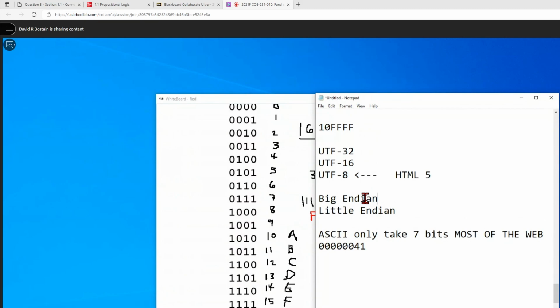Any number bigger than a byte, when written in big endian, will follow the natural ordering of the bytes. So this particular notation right here is UTF-32 big endian. I wrote it this way. This is UTF-32 little endian.